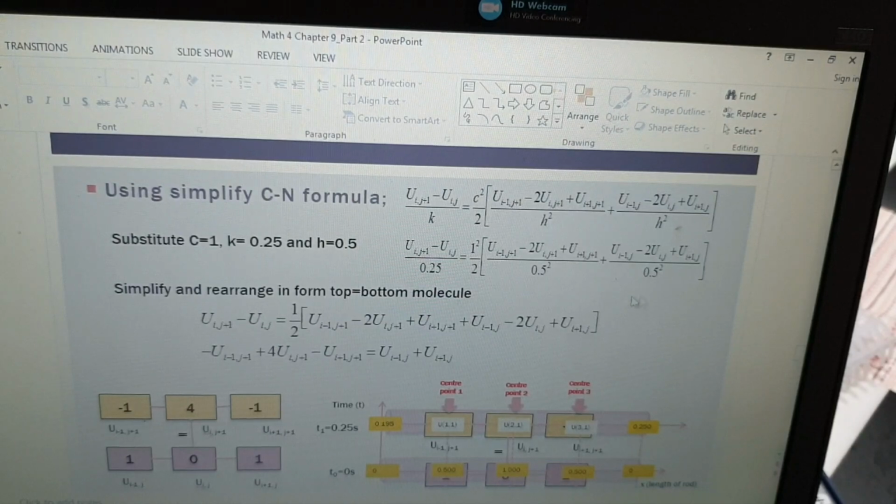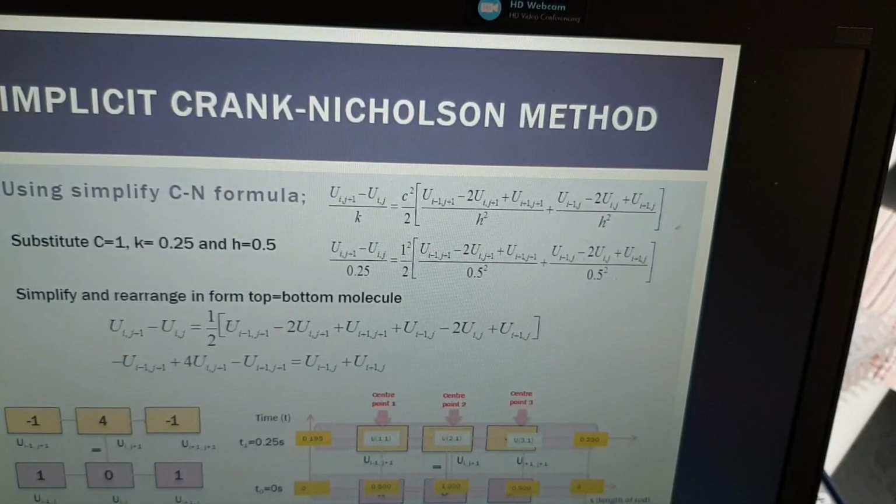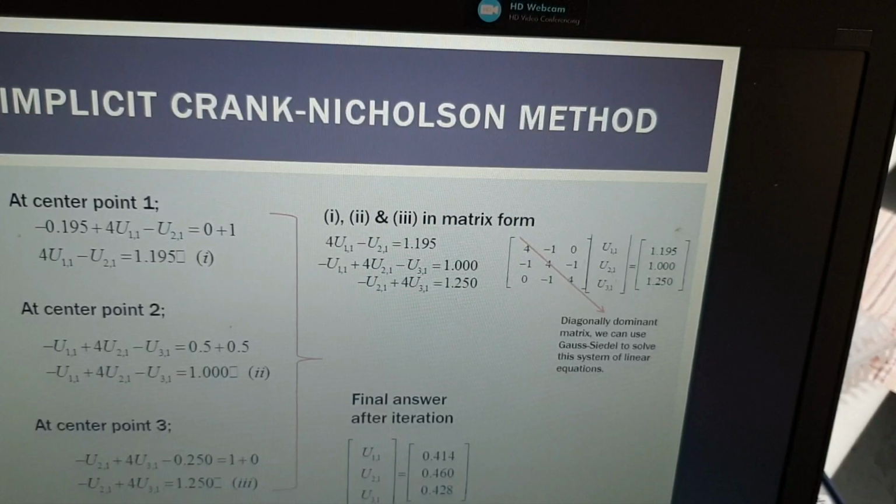So this is the formula. From here, I will simplify the equation so that it will become in the form of top, equal to bottom. So how am I going to know which one is top and which one is bottom?